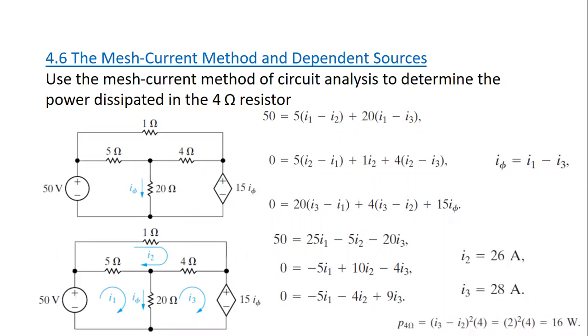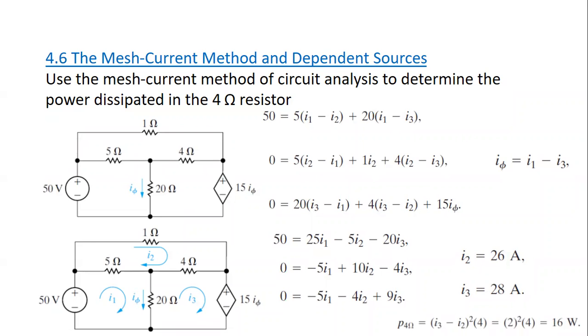Once you identify the number of meshes, you assign a mesh current in each mesh that flows around the perimeter of the loop. You can name them IA, IB, IC, and so on, or I1, I2, I3, and so on.